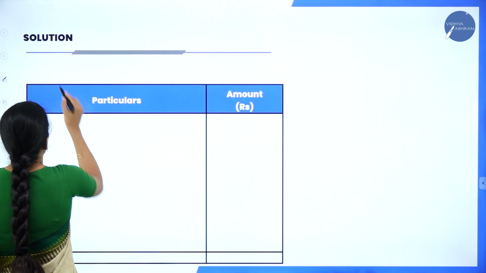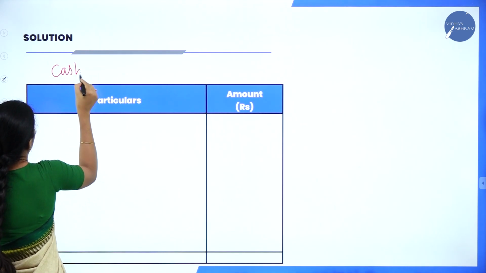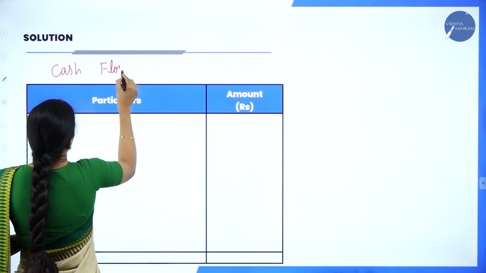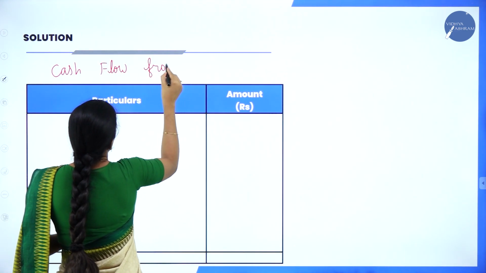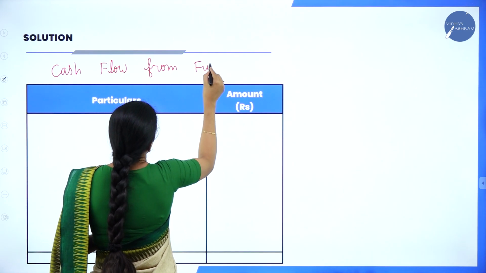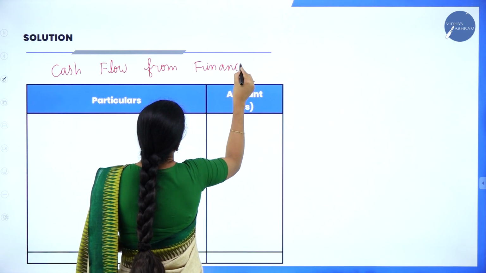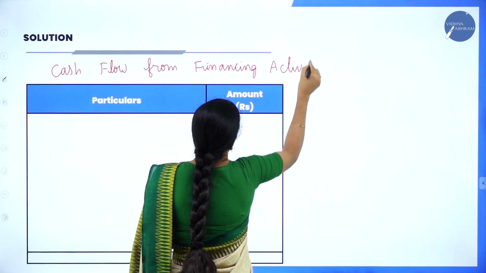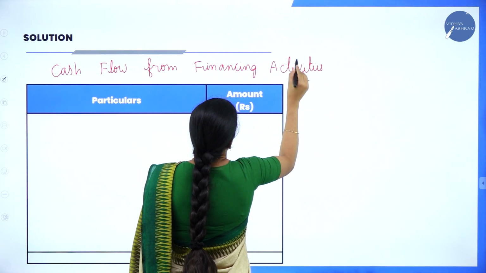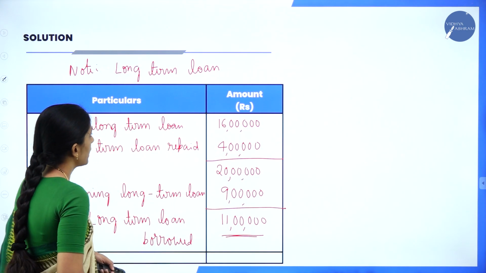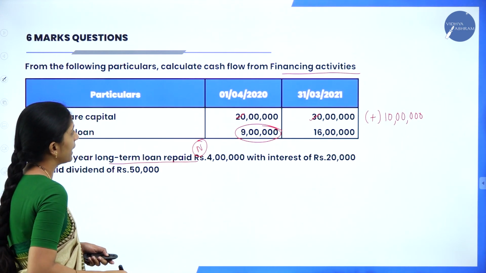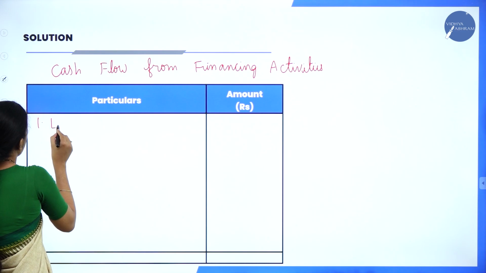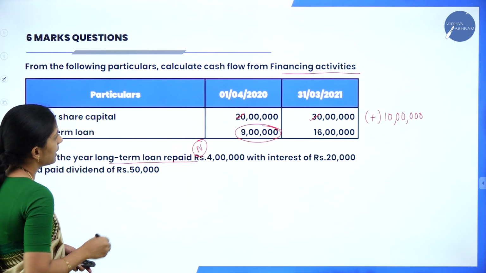So, you have to write here cash flow from financing activities. So, we shall start with equity share capital. So, first one is, now let us see whether it is issue.